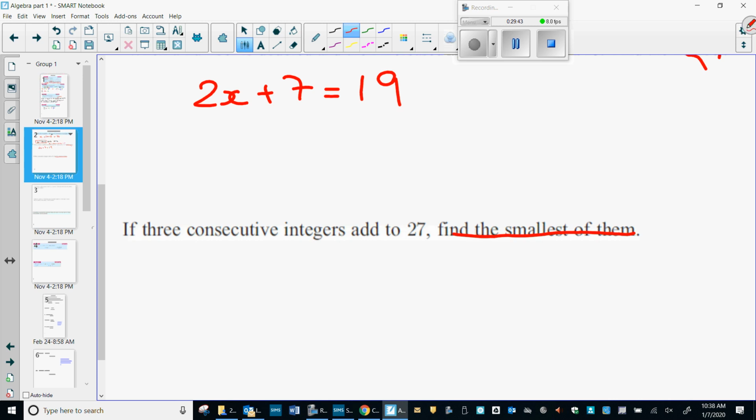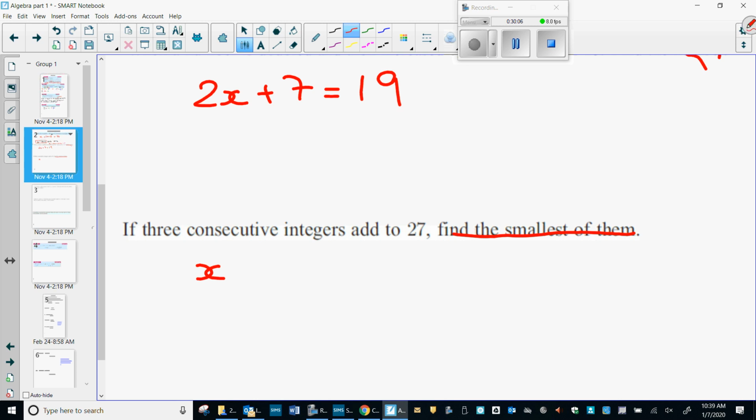So for consecutive integers, if my first one was x, what would my second one be? X plus 2. Careful, consecutive integers, they're no longer even. So what would the number after x be referred to as? That's my first number. What's my second number?